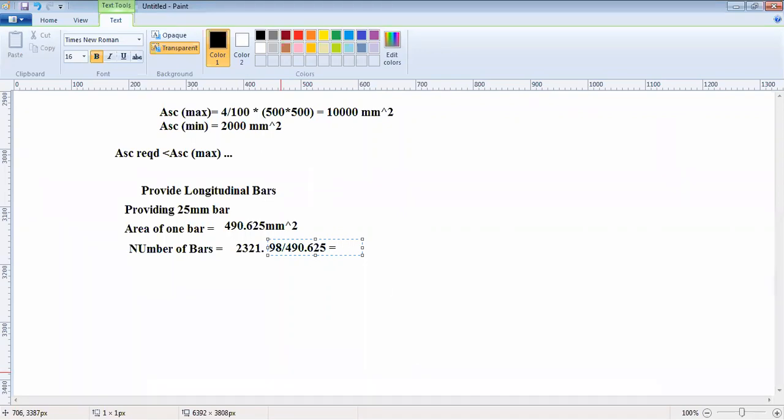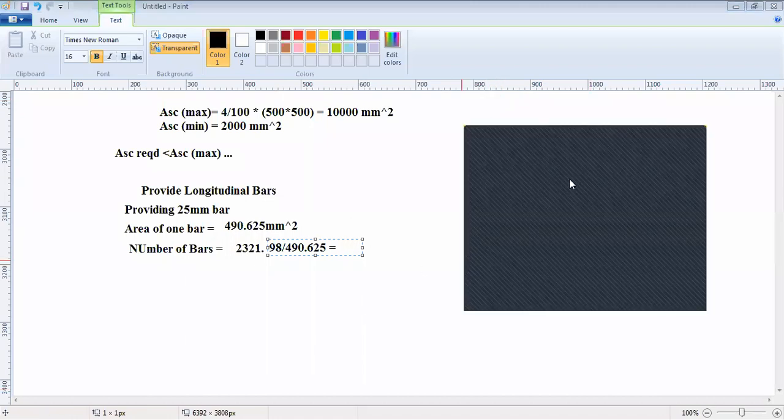That is 5. Is it 5 bars? Yes, sir. 4.735. So 5 bars is what we require.